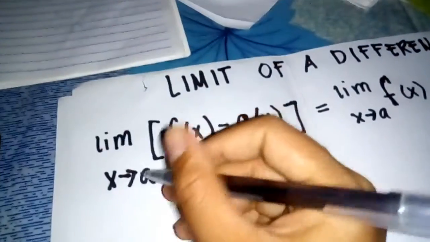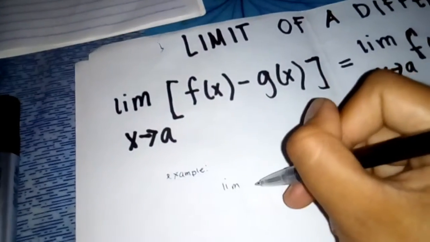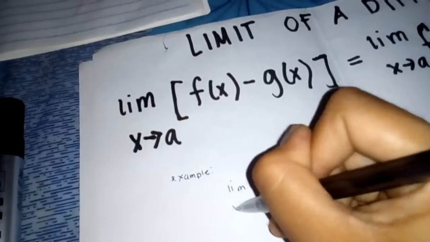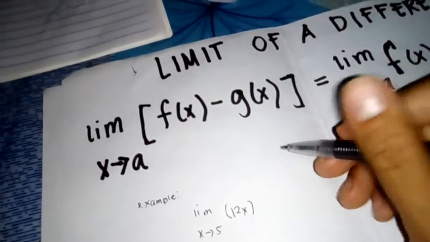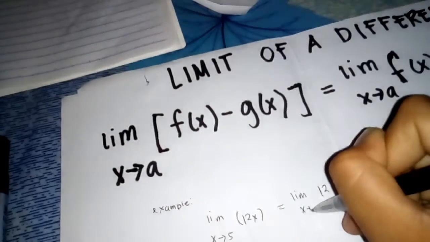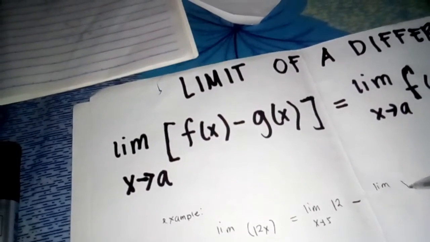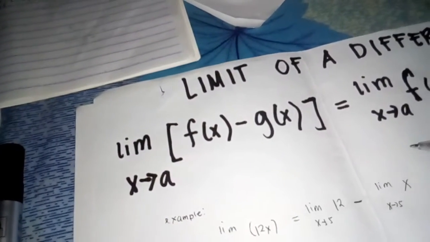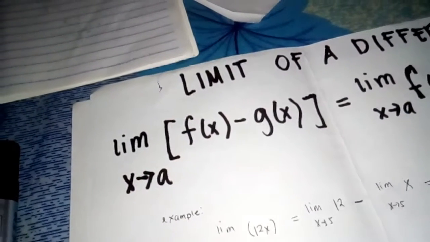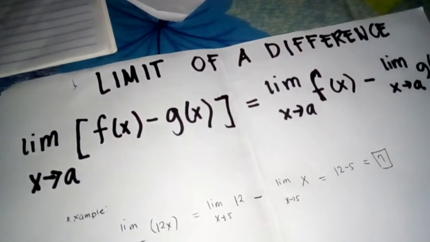Another example: the limit of 12 minus x as x approaches 5 is equal to the limit of 12 as x approaches 5 minus the limit of x as x approaches 5. Substituting 5 for x, 12 minus 5 is equal to 7. Therefore, 7 is the answer.